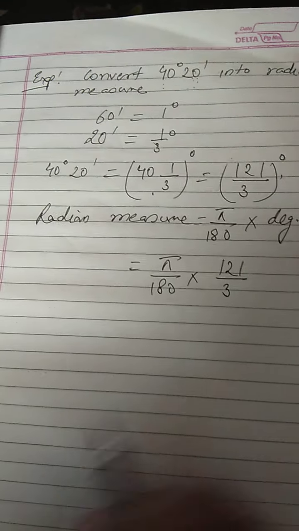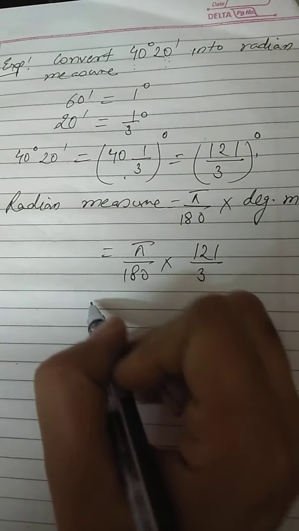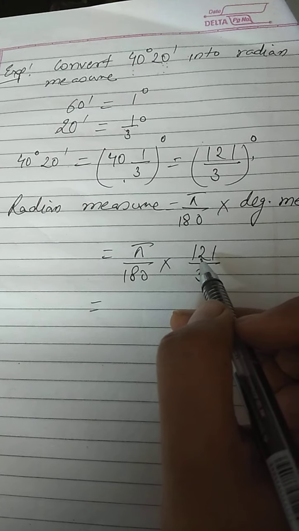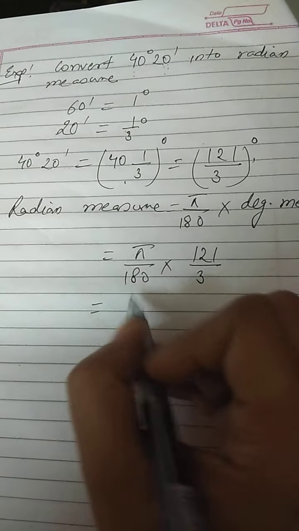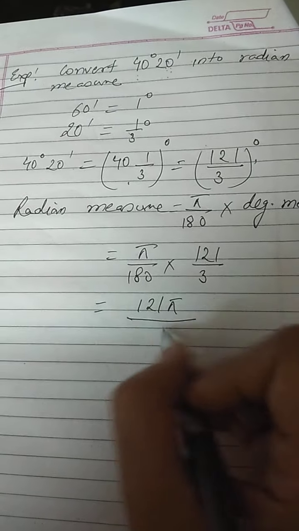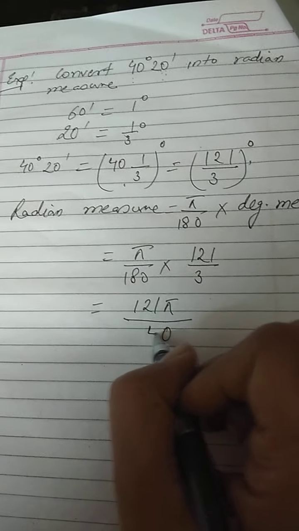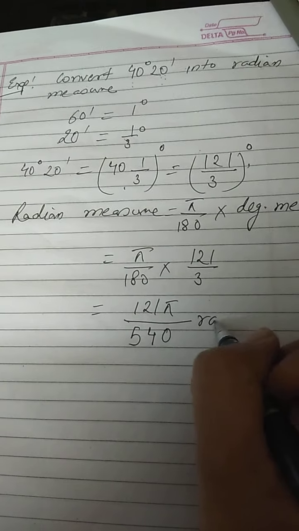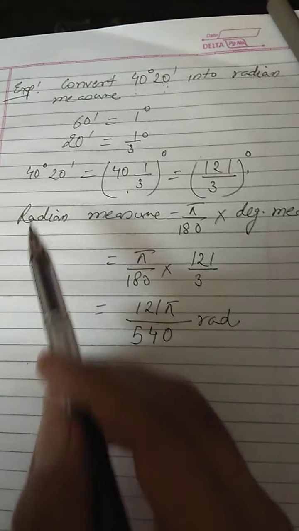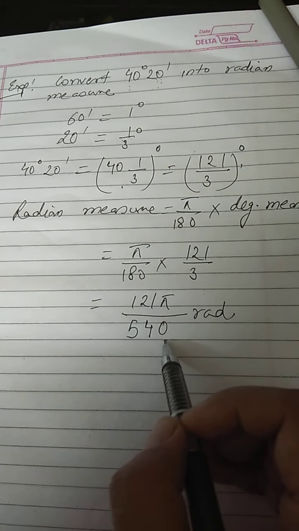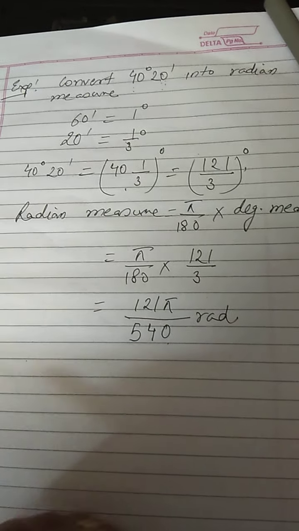When we solve it, cancellation is tough here, so we keep 121 pi as such, and 180 times 3 is 540. So 40 degrees 20 minutes is equal to 121 upon 540 pi radians.